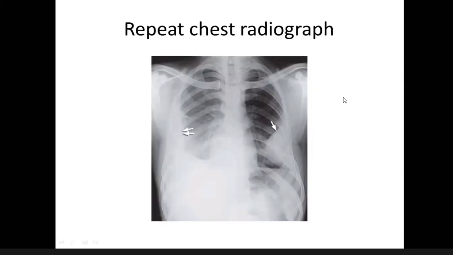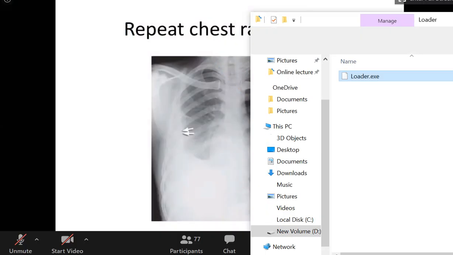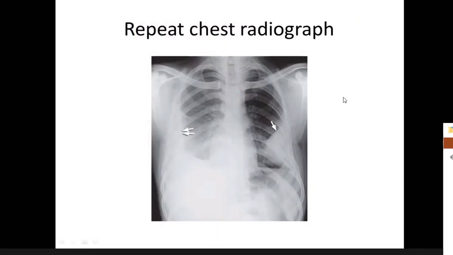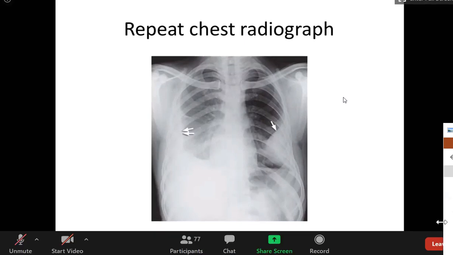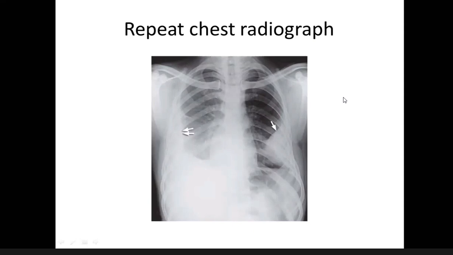So obviously you do a chest X-ray. So this is a chest X-ray. What is the complication this patient might have developed? Encysted pleural effusion on the left side and a normal pleural effusion on the right side.